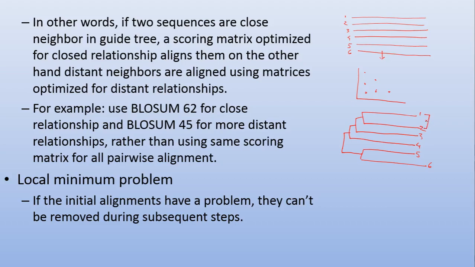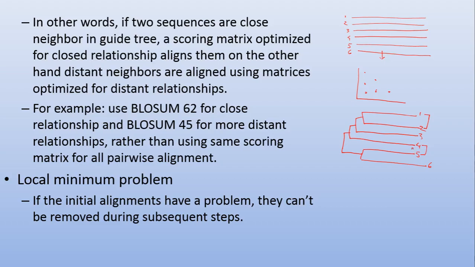then you are supposed to select a scoring matrix that is optimized for close relationships to align them. On the other hand, if you are trying to align sequences that are distantly related, say 4 and 5 are distant neighbors, you are supposed to use a scoring matrix optimized for aligning two sequences that are distantly related.